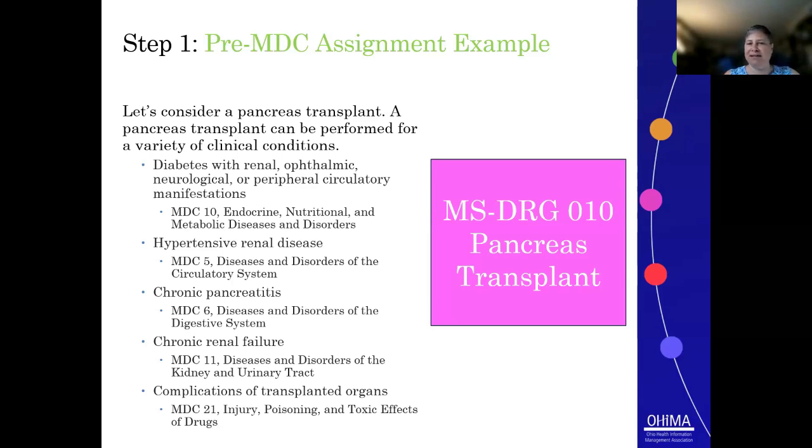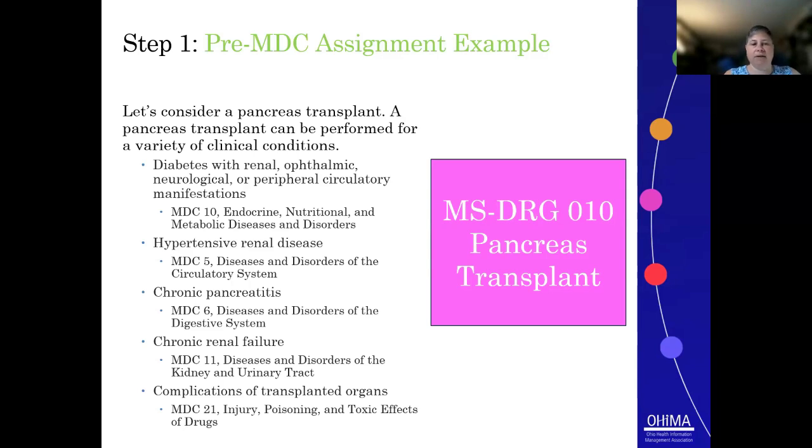When a patient has diabetes, that goes to MDC 10. A transplant can be performed for a patient with hypertensive renal disease. That's an MDC 5, diseases and disorders of the circulatory system. Perhaps the patient has chronic pancreatitis. That's an MDC 6 in the digestive system. Chronic renal failure.